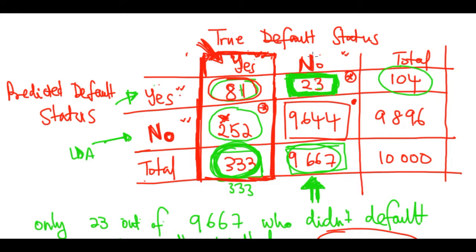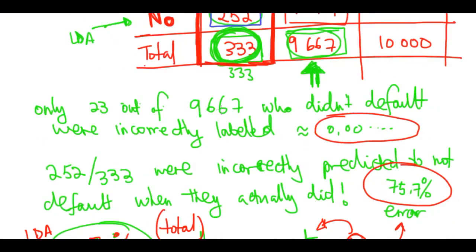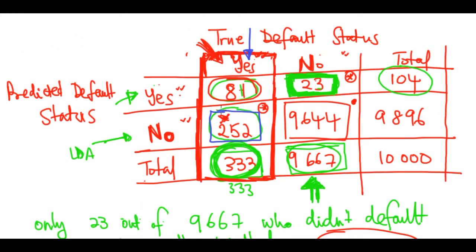They are going to pay us. We'll be like, okay, it was just an error, but we have our money still. You get? But then if we do give money to someone who's going to default and we say they are not going to default, you see this 252, we could have gone and given them money, but at the end of the period, they don't give us our money. An error rate of 75%. That is large. That is large in that specific class.